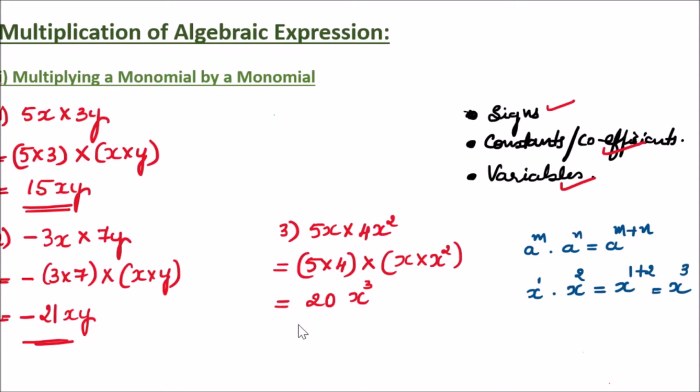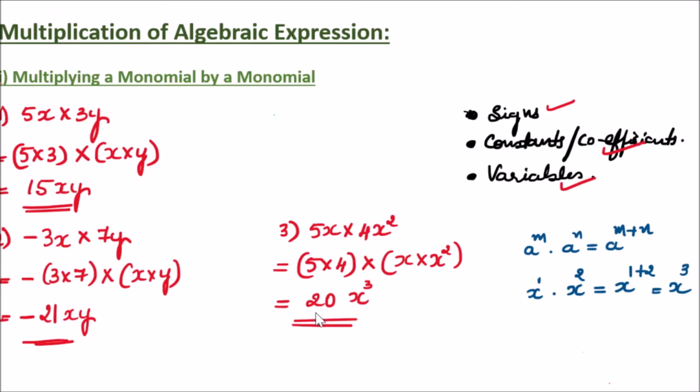So the powers are added, they are not multiplied. Many students lose marks here. In a hurry they multiply 5 fours are 20, and then instead of adding the powers, they multiply x into x square and write 3x square. So be careful with the powers.